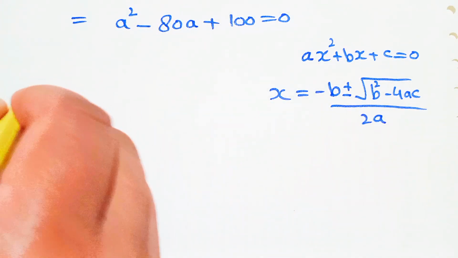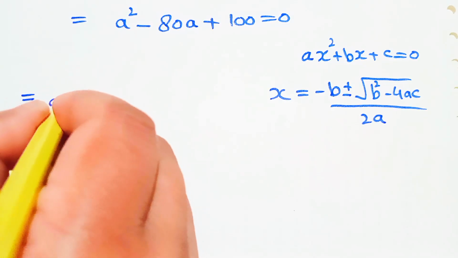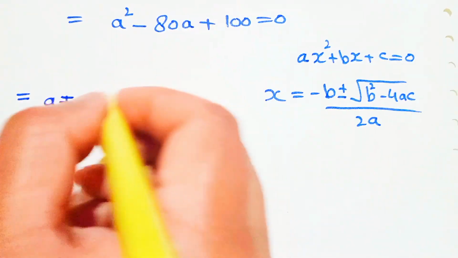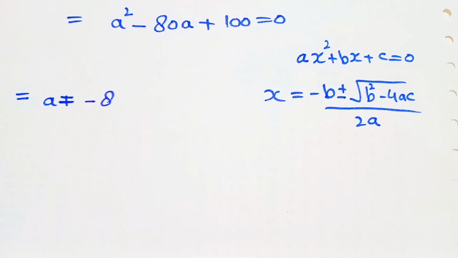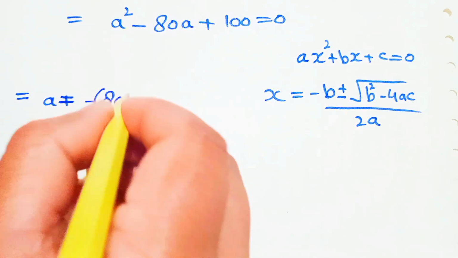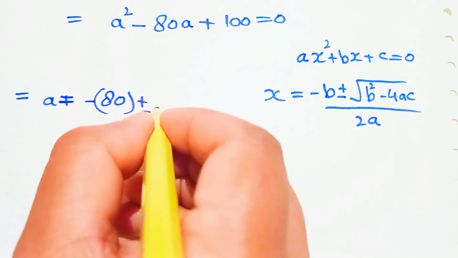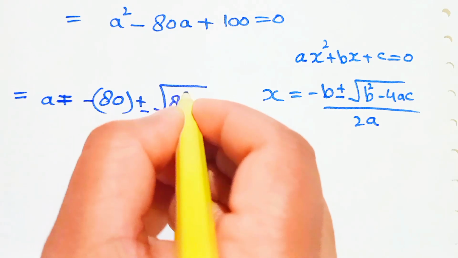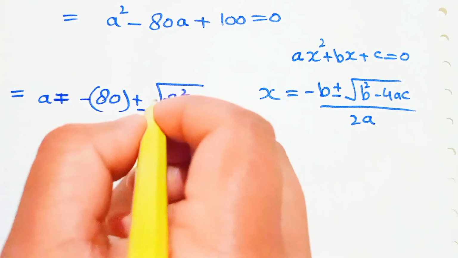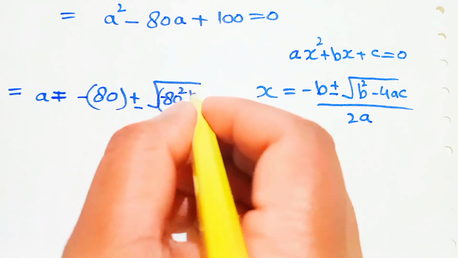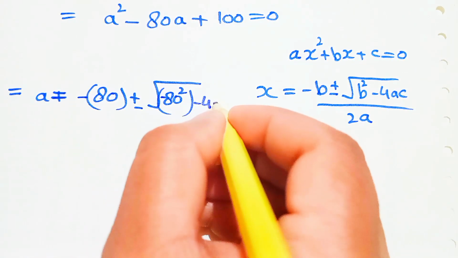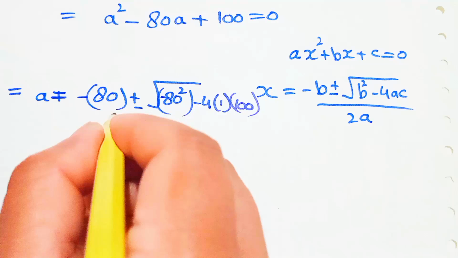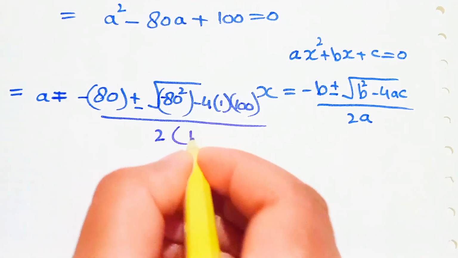Now we put the values into the formula. So a is equal to minus b, the value of b being 80, plus or minus square root of b squared, which is 80 squared, minus 4 times a, which is 1, times c, which is 100, then over 2 times a, which is 1.